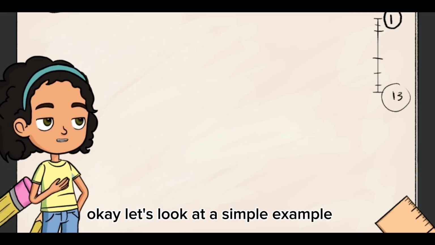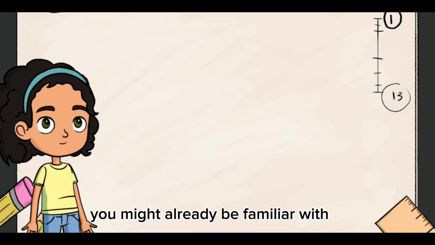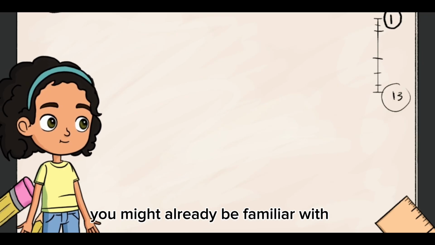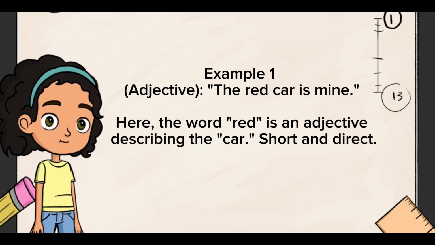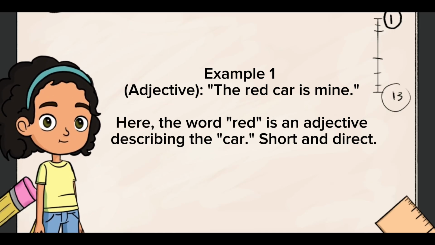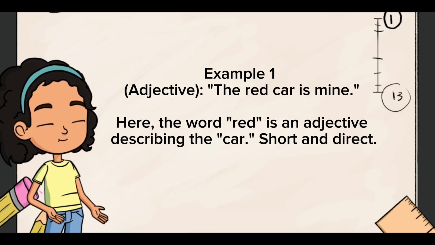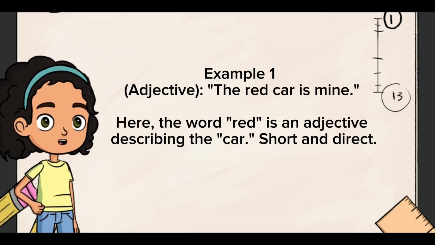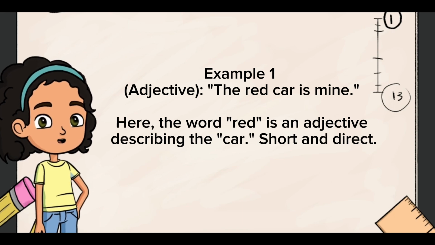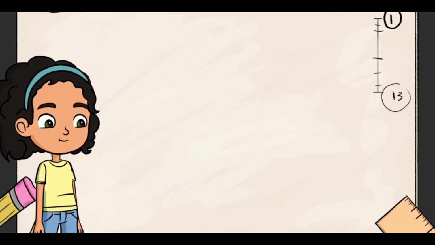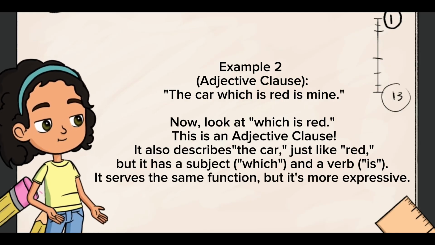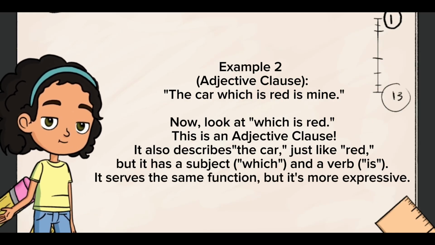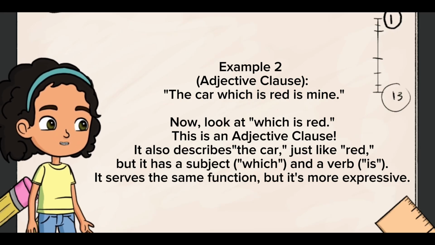Okay, let's look at a simple example you might already be familiar with and compare. The first example, adjective: The red car is mine. Here, the word red is an adjective describing the car, short and direct. The second example, for adjective clause: The car which is red is mine.